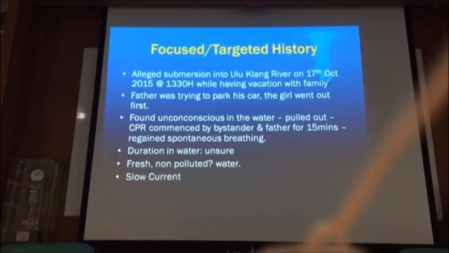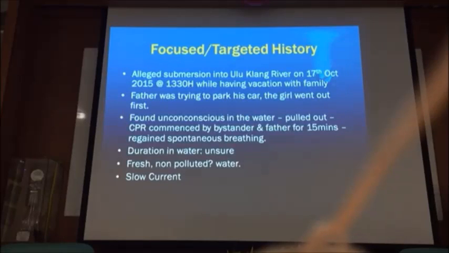So what further history or further data do we need to ensure whether it is really submersion injury or another different diagnosis is still possible? To re-emphasize, found unconscious in the water, pulled out, CPR commenced.